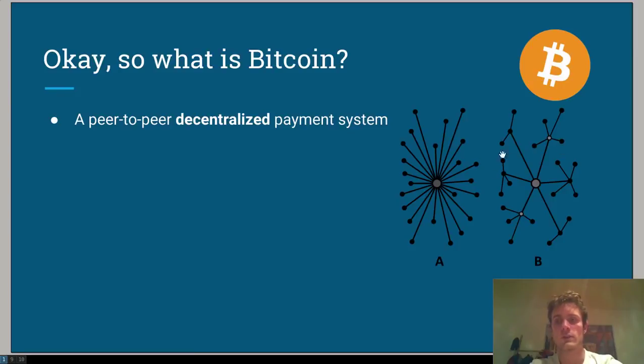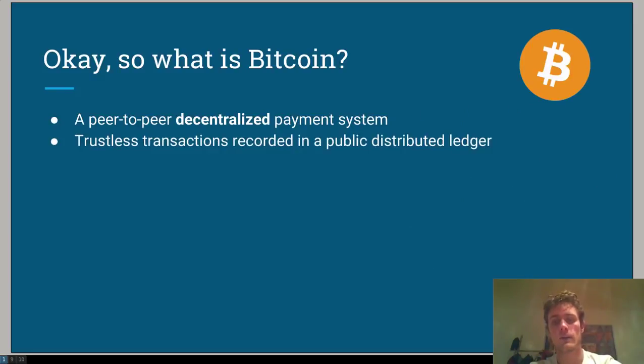You just need to trust the network as a whole. And it actually uses fine game theory and economical incentives to make sure that every actor in the network will act in a desirable way. So we'll just look into it a bit later.